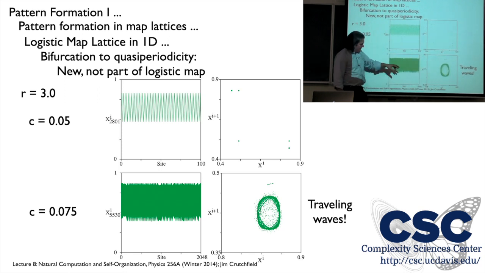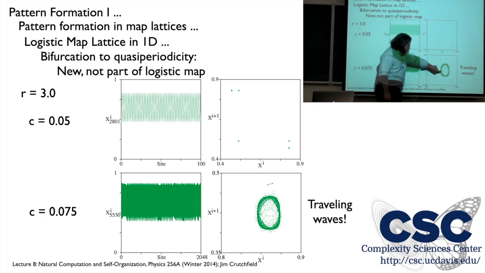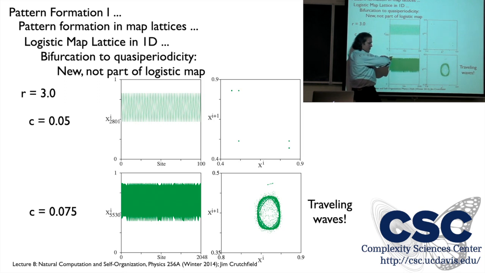So that's a time scale that I still don't know how to calculate. And if you watch this over space and time, what you see is the phase, so I'm plotting basically relative phase here, cycling around like this. That corresponds to amplitude waves propagating across the lattice in time. So we actually have traveling waves here.